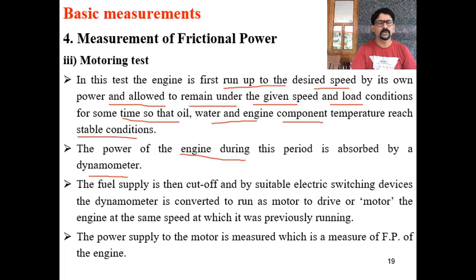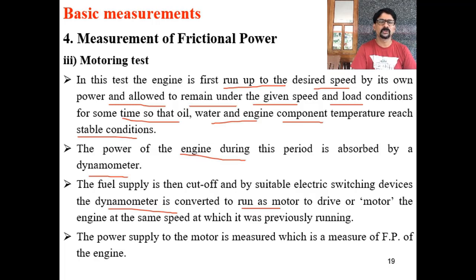Now you have to cut off the fuel supply, and by suitable electric switching devices convert this dynamometer to be operated as a motor. So far the engine was coupled to the dynamometer, and the entire power was absorbed by it. This is an electrical dynamometer. When you cut off the fuel supply, there is automatically no power generation by the engine, but you still have to maintain the same speed.